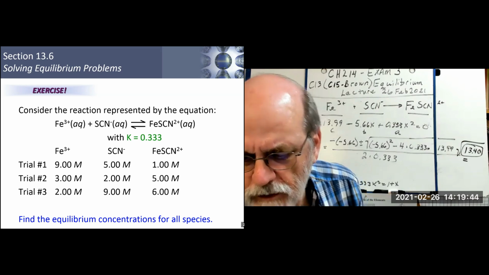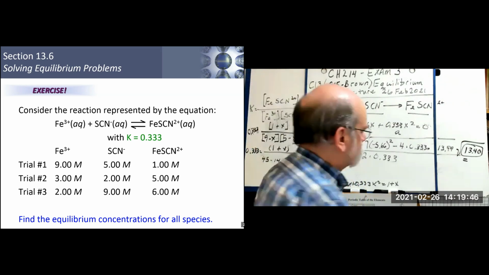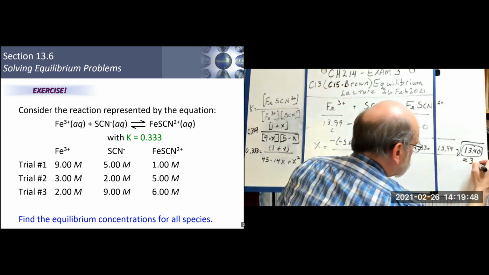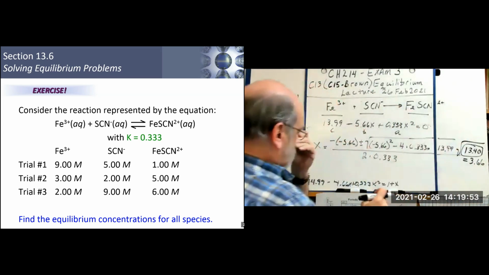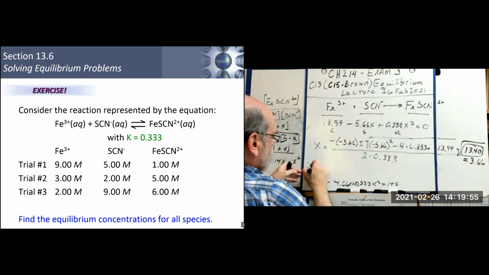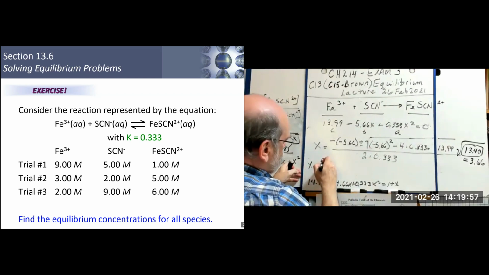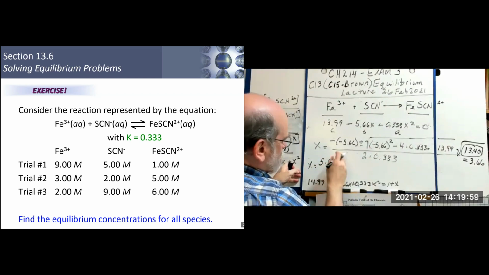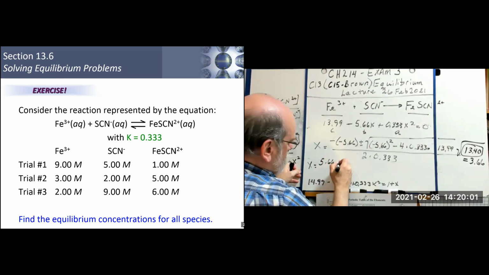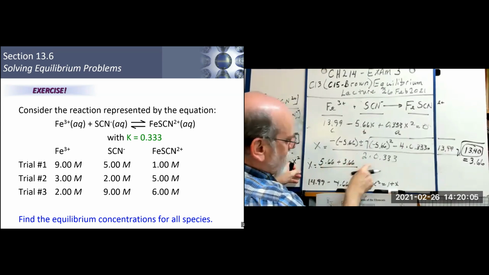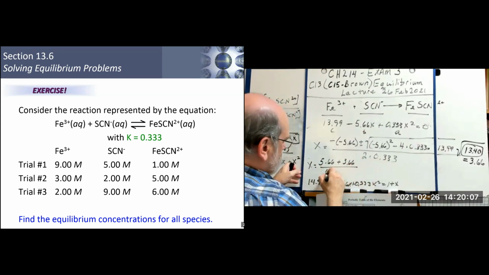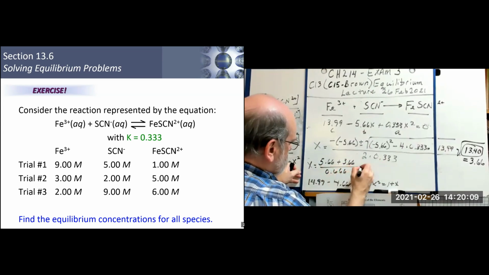There it is. 3.66. Now, that's this term right here. So we can say x will either be 5.66, because that's it there, plus 3.66 divided by 2 times that, 0.666.